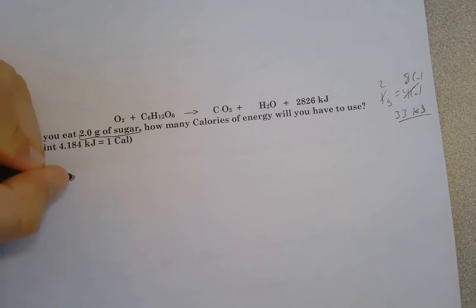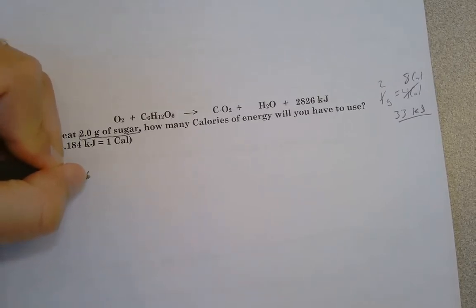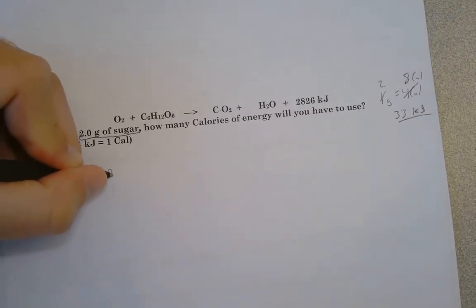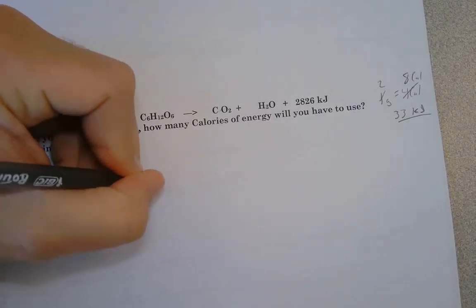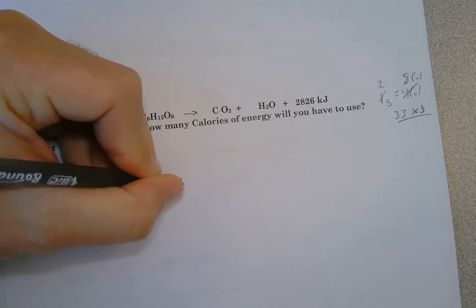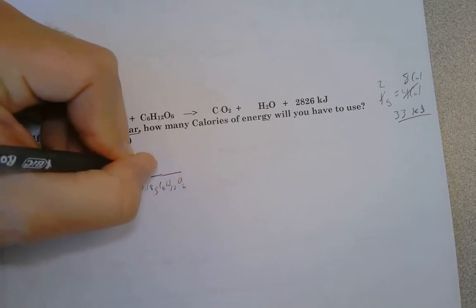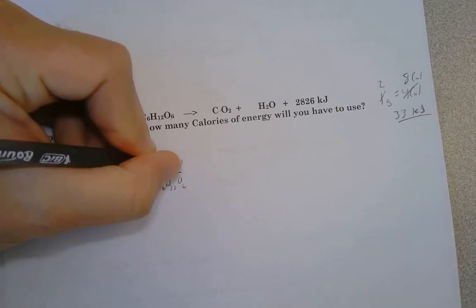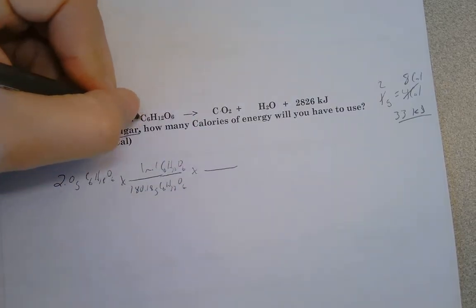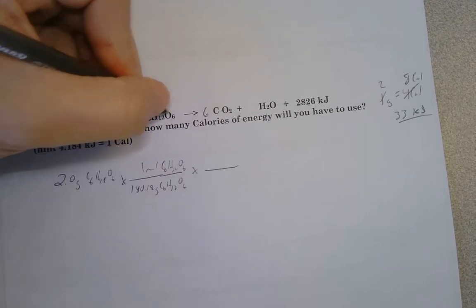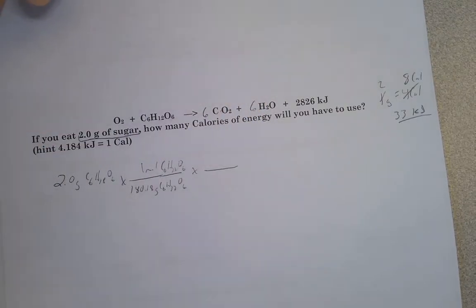So 2 grams of sugar, 2 grams of C6H12O6. Well, for every 180.18 grams, you don't have that memorized? I've done way too many of these problems. C6H12O6, and then we better balance this thing. So we go 6 here for the carbons, 6 here for the oxygens.